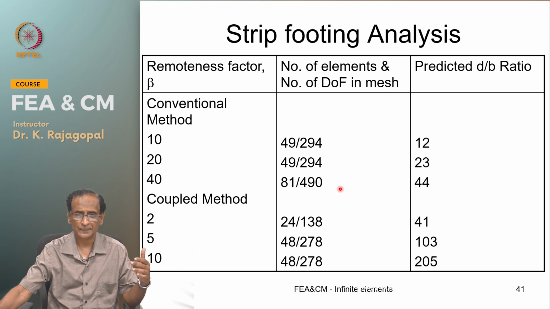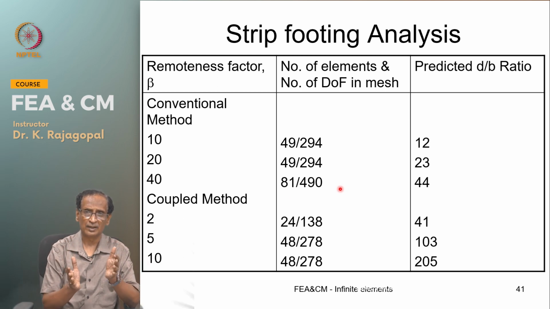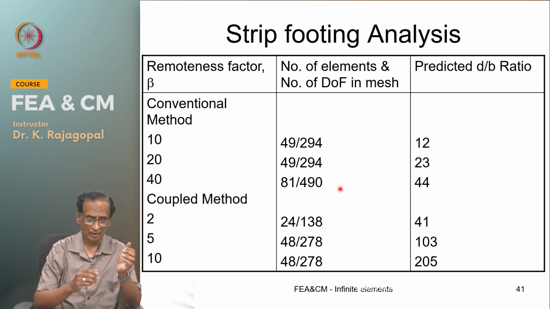and so with finite element analysis there is no benefit, because if you place the boundary at 10 times the footing width, then you get the results only corresponding to that.